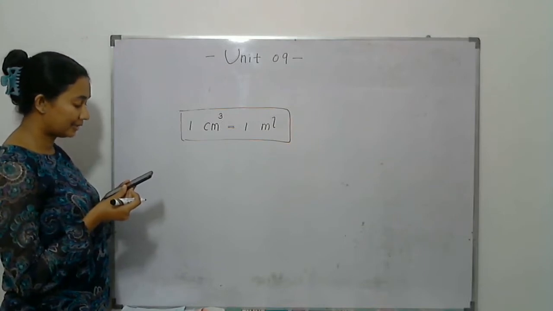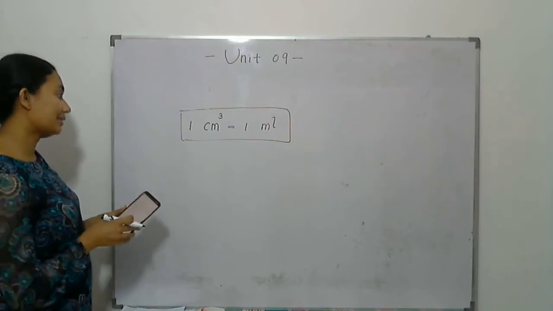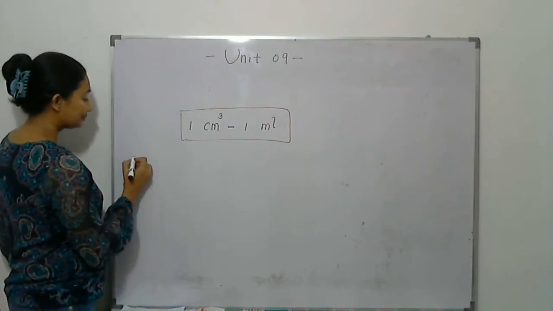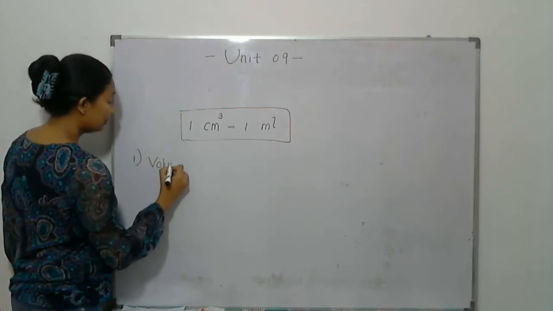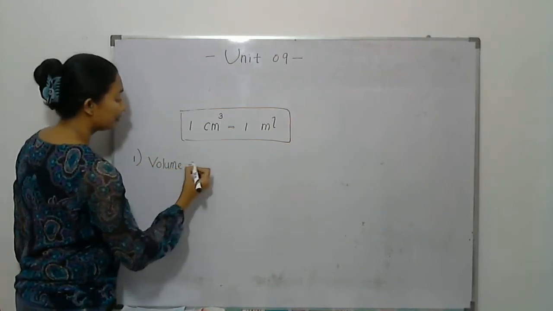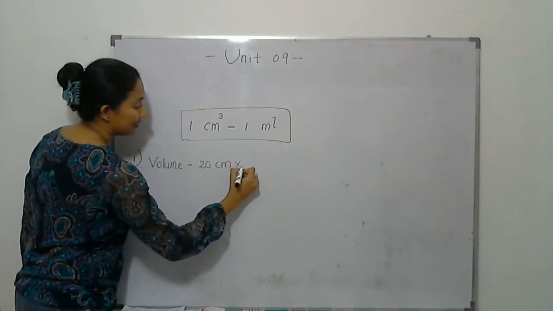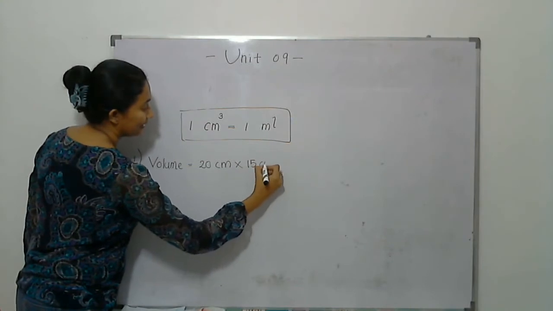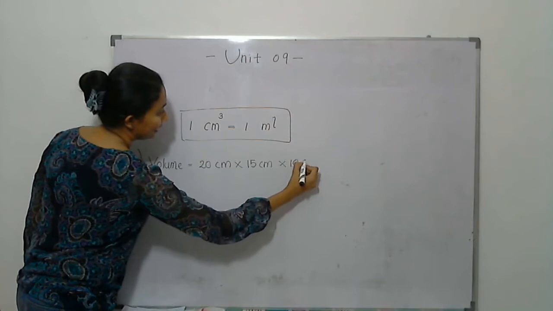Now, what you have to find first? You have to find the volume in cubic centimeters. So, we know the formula. Volume is equal to length into breadth into height. Then length is 20, breadth is 15. You have to mention the units also, into height 10.